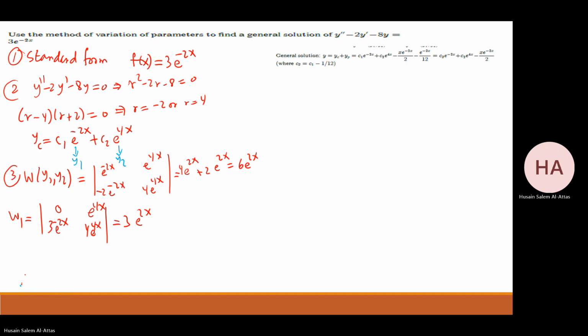Okay. Now W2 will be what? I fix the other one. e to the minus 2x, minus 2e to the minus 2x. We have what? 0, 3e to the minus 2x. That will be 3e to the minus 4x.